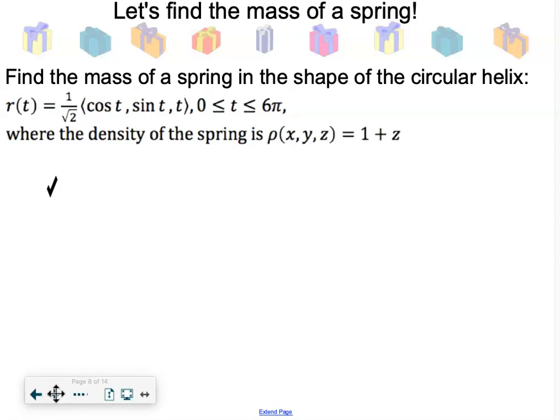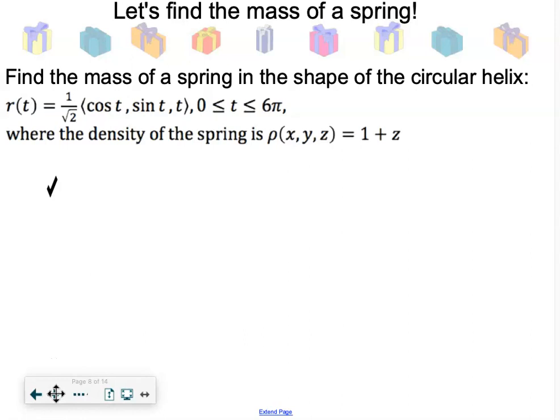Your goal is first to rewrite your density function in terms of t, and then see if you can look up or remember the formula for line integrals and get this set up properly. We'll check our setups in a minute first, and then we'll make sure that we can evaluate. I know you can evaluate. The setup's the most important part.